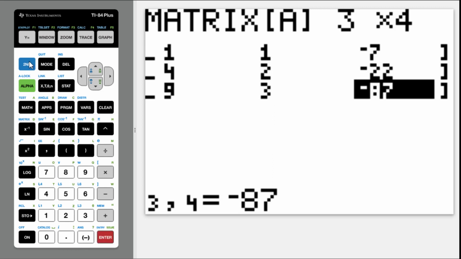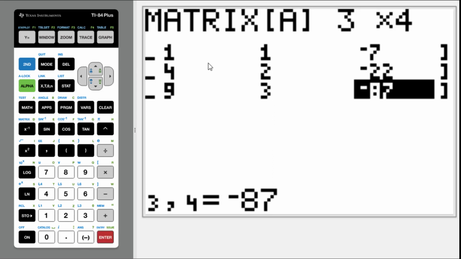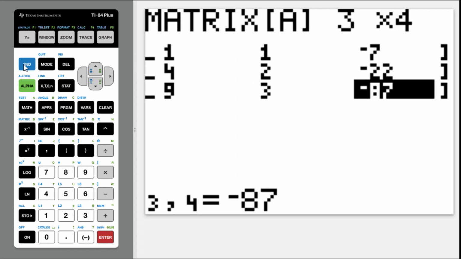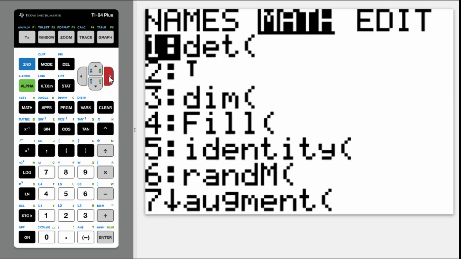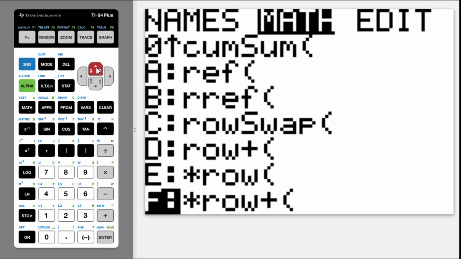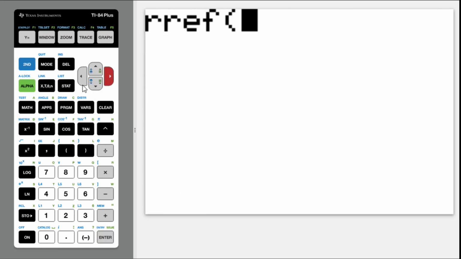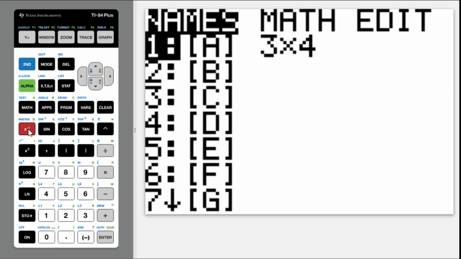Then remember, after you put in the matrix, you have to quit second mode. Then go back again. Go to Math, up arrow, RREF, enter. Then go back to this matrix again.